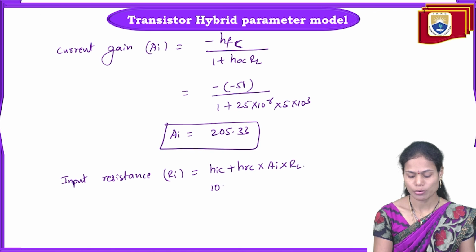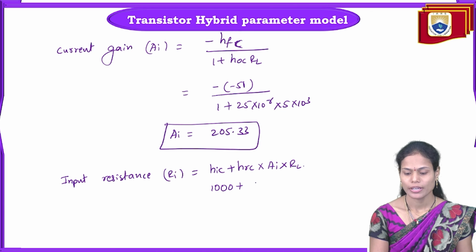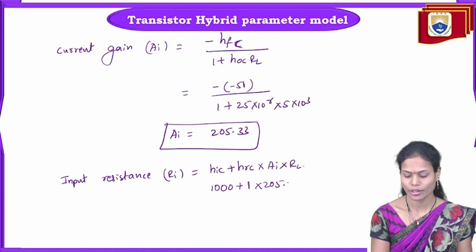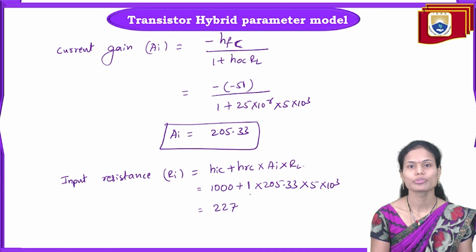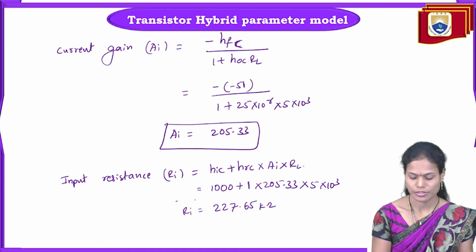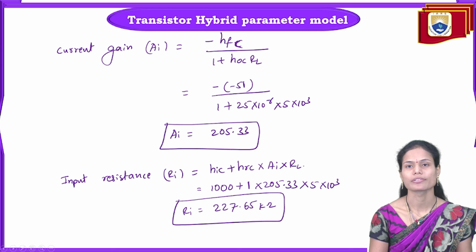So that is 1000 plus HRC value is 1 and the current gain value is 205.33 into 5 kilo ohms. So after simplification, we will get it as 227.65 kilo ohms. This is the input impedance.